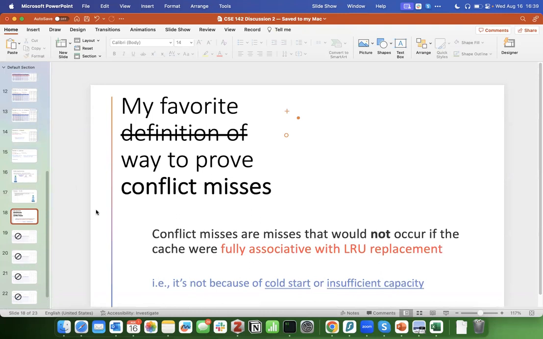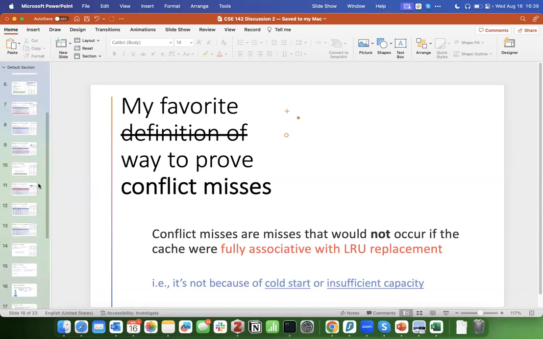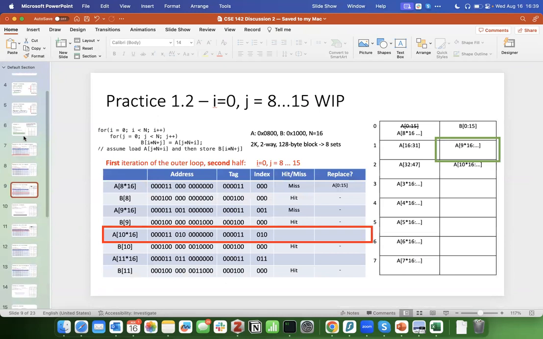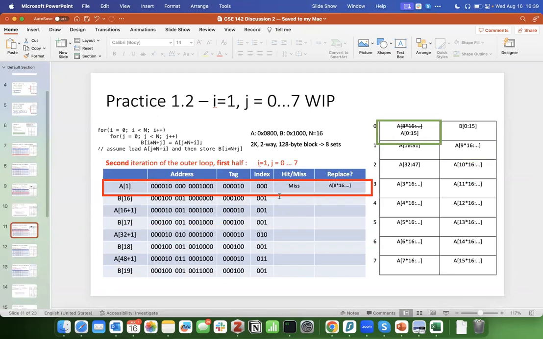It took me a while to wrap my brain around this definition, but this is a very accurate way to distinguish whether it's a conflict or capacity miss. We can come back to this later, after the discussion session, I can explain more to you. But for now, I need to continue, right?